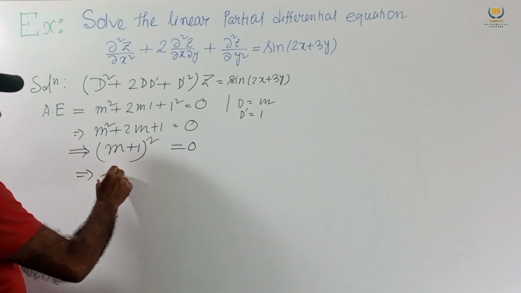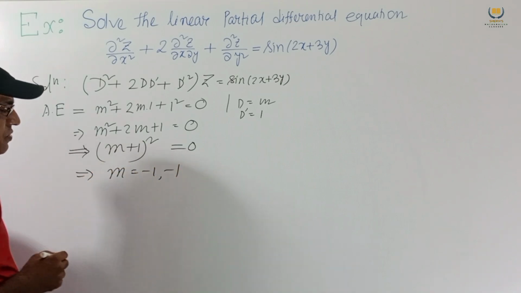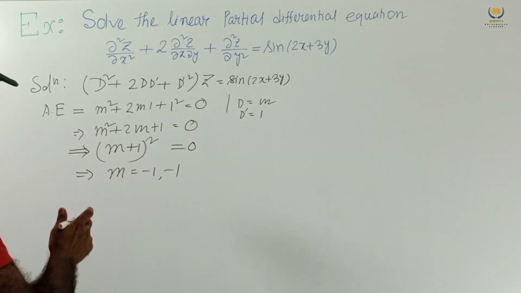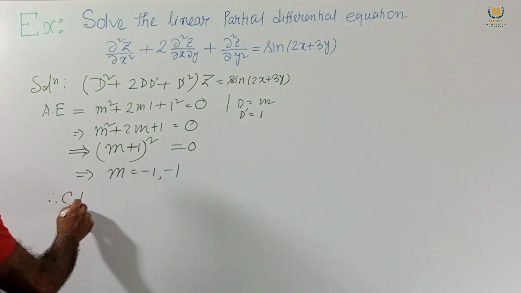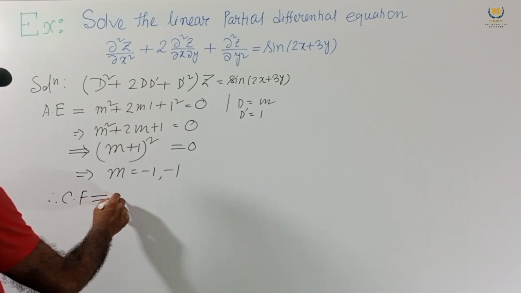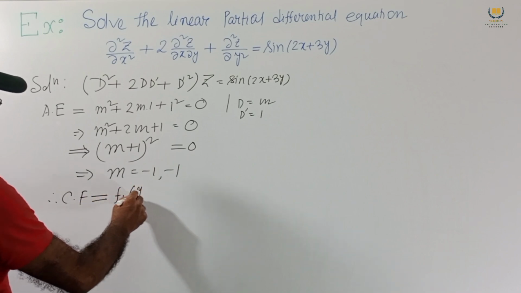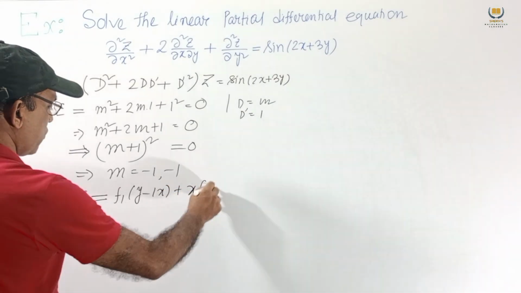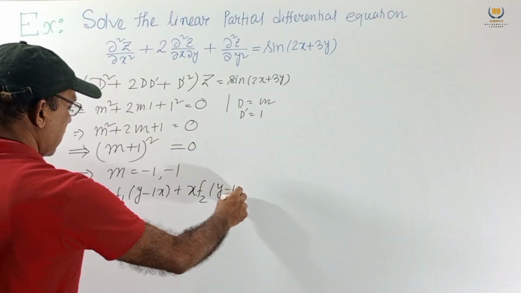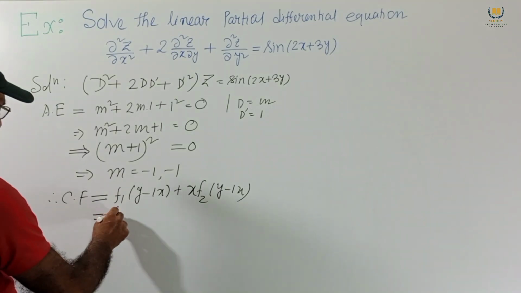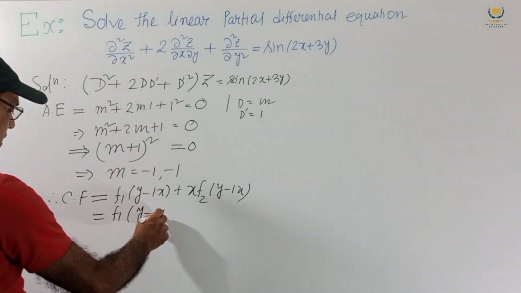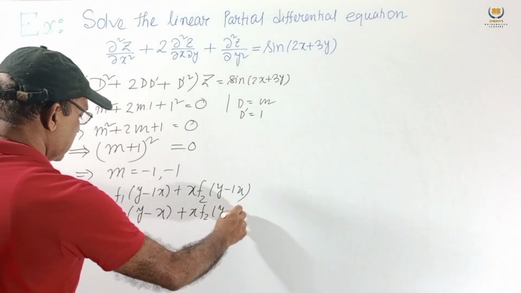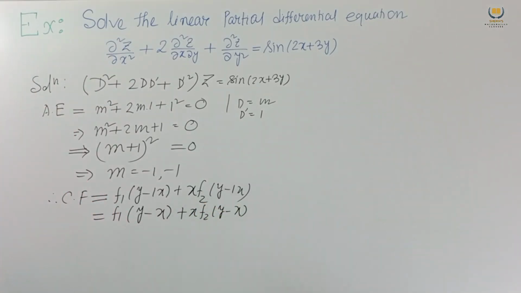From this we get m = -1, -1, so the roots are equal. Therefore, the complementary function is f1(y - x) + x f2(y - x).